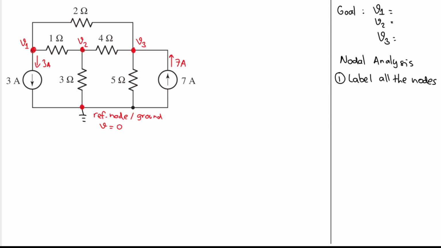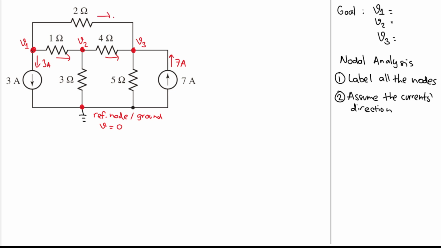Now let's move on to the second step, which is to assume the current direction for each branch. Usually for the horizontal components, I will assume the current is going to the right, like this, so we will have 3 horizontal components.